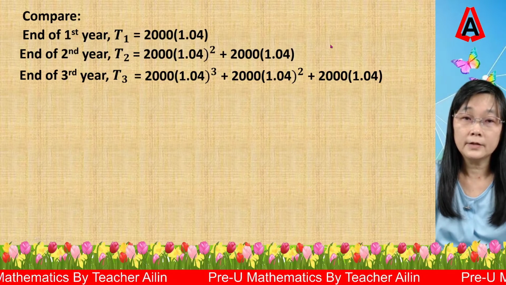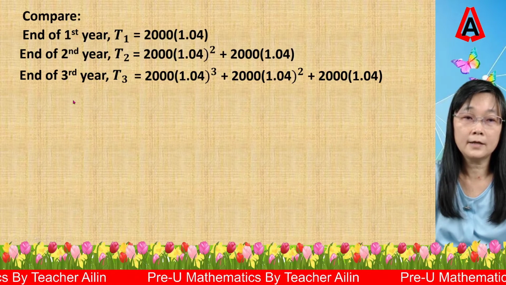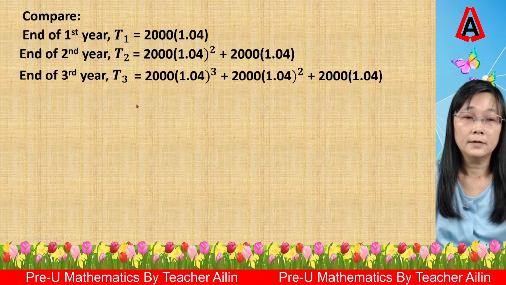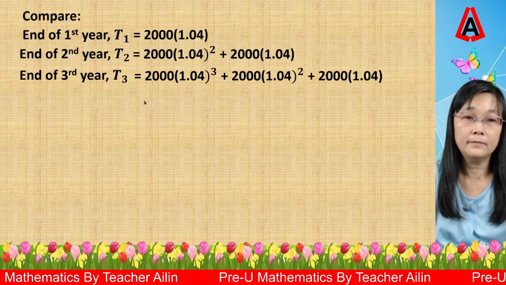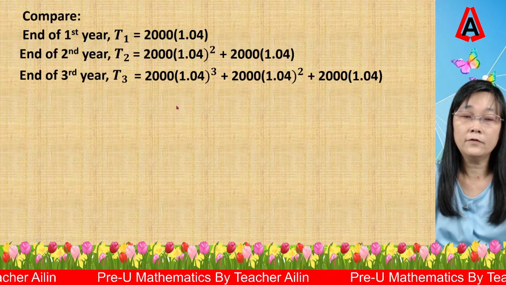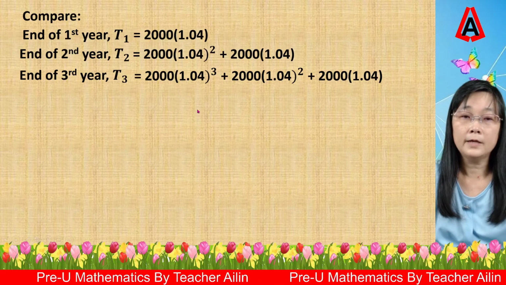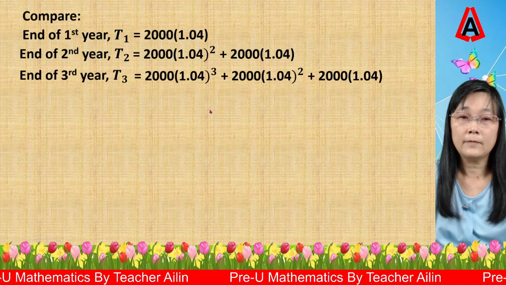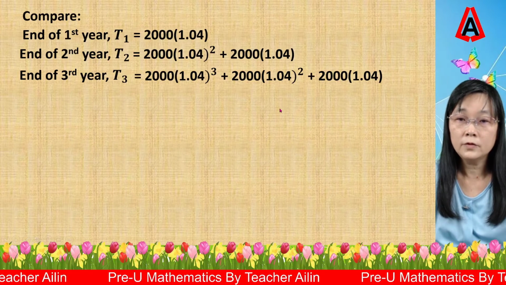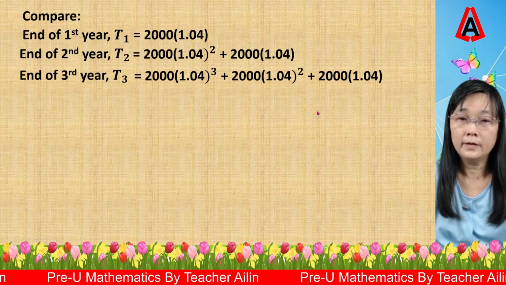Now, based on the change of the number here, I can predict that at the end of 4th year, the amount of money in the bank is 2000 times 1.04 power 4 plus 2000 times 1.04 power 3 followed by power 2 followed by power 1.